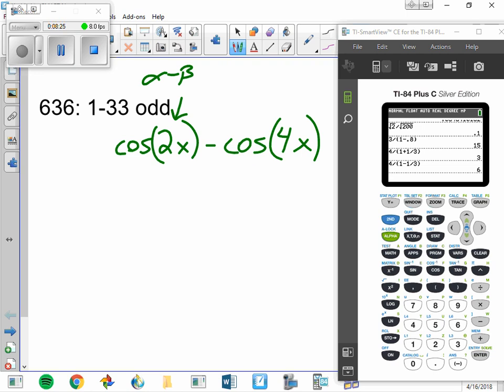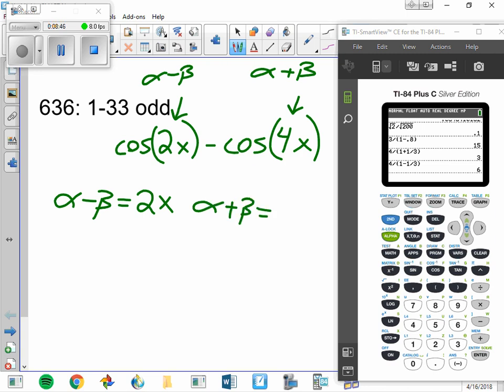If you look at the formula. And this one is alpha plus beta. So alpha minus beta is equal to 2x, and alpha plus beta is equal to 4x.